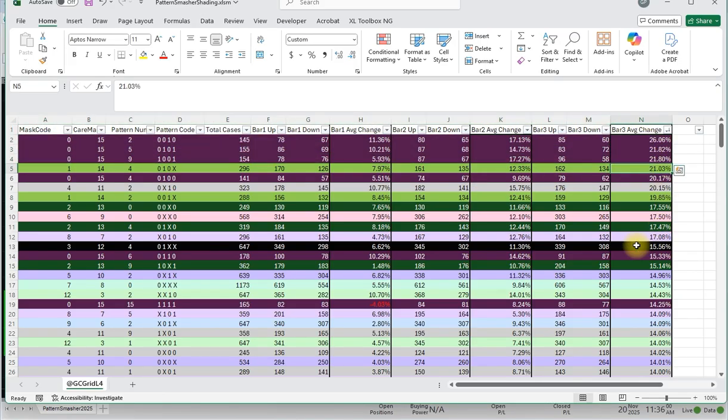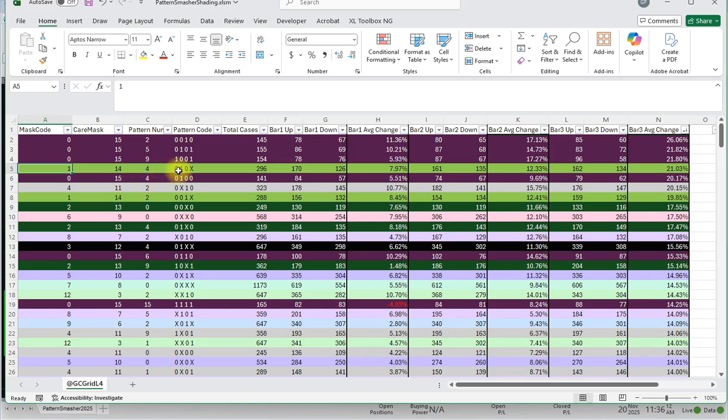But look what crept in there. If you mask pattern 4 by 1, it produces that result.